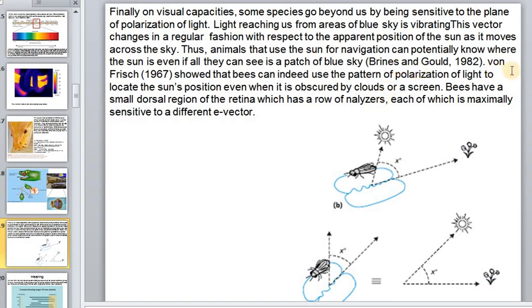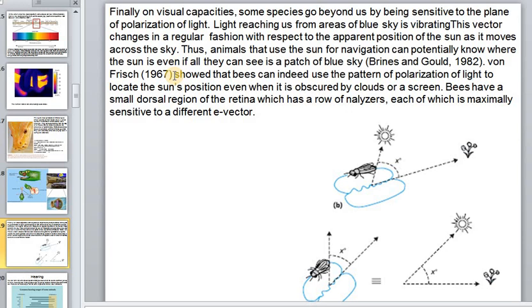Here it was shown that bees can indeed use the pattern of polarization of light to locate the sun's position even when it is obscured by clouds or screen.